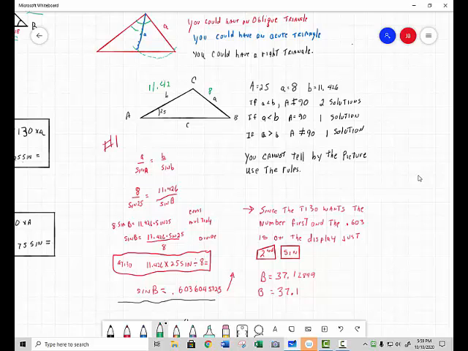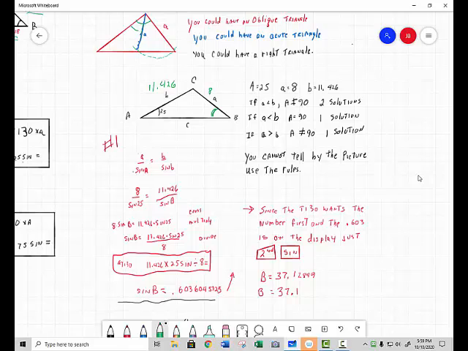Use the rules. I know that A divided by sine A, because I have those 2 values, is B divided by sine B. I can find now what this angle is right here by using this formula. Well, I've got 8 over sine 25 is 11.426 divided by sine B. Now, what I can do very simply is cross multiply.